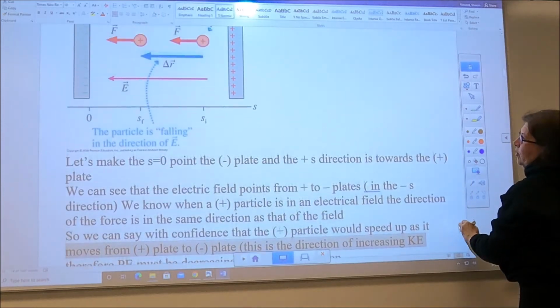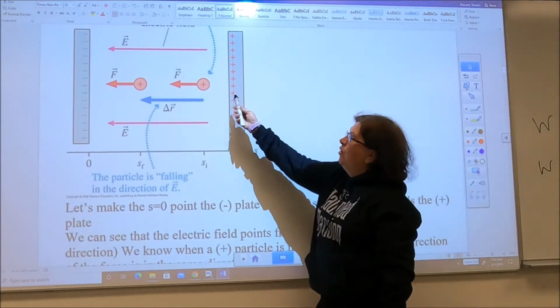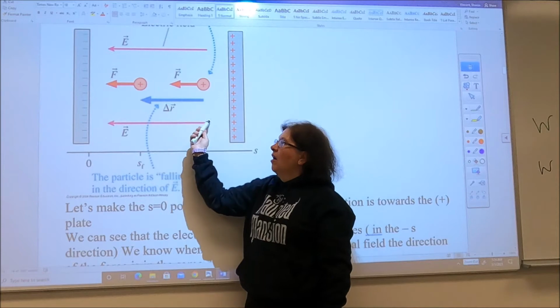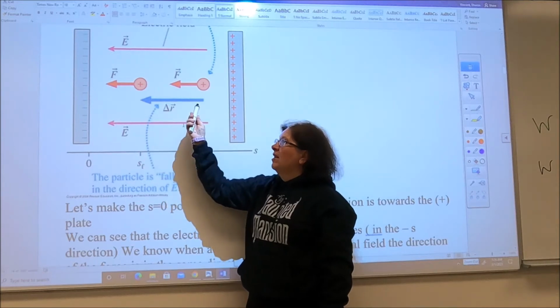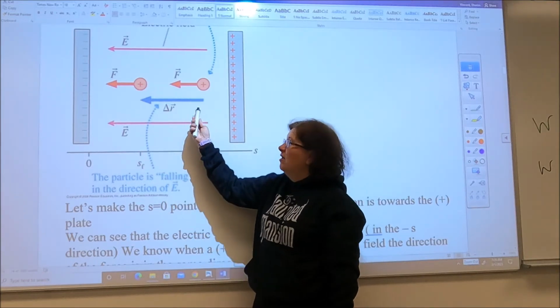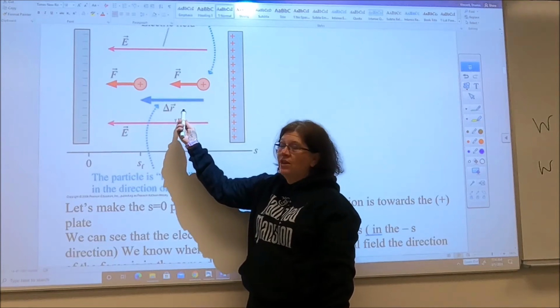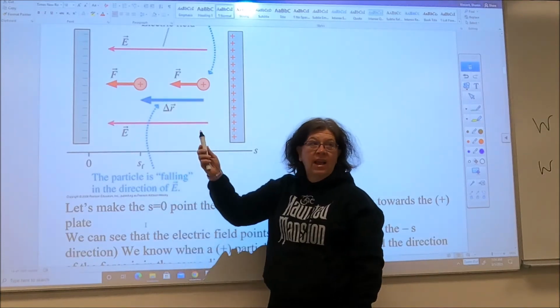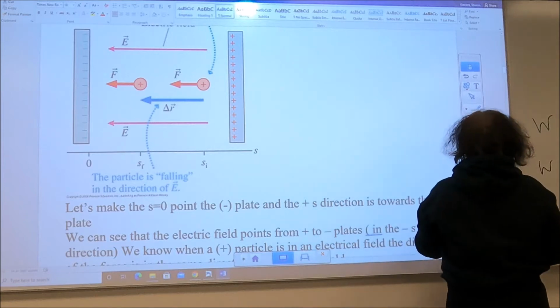Okay, now just remember, our force was in this direction, our delta R was in this direction, or delta S. They're parallel to each other, both pointing in the same direction. That's why the angle was 0.